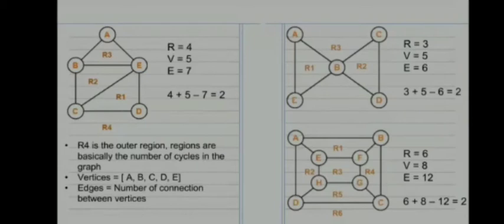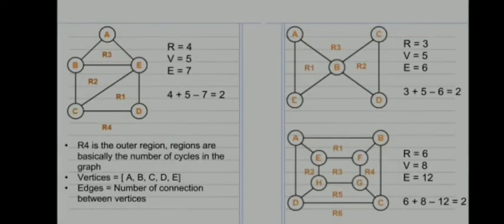So a total of 6 regions. Then when we count all the vertices A, B, C, D, E, F, G, H, we have 8 vertices. And when we count the total number of edges, they are 12. And on applying Euler's formula, when we add 6 plus 8 and then subtract 12 from it, we get 2. So once again, Euler's formula has proved to be true.